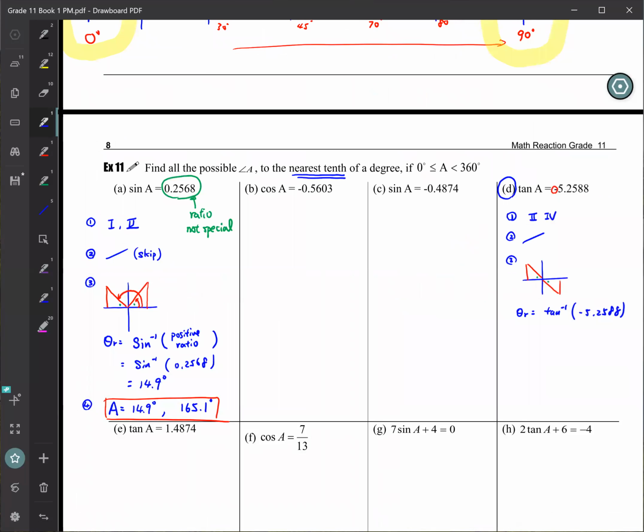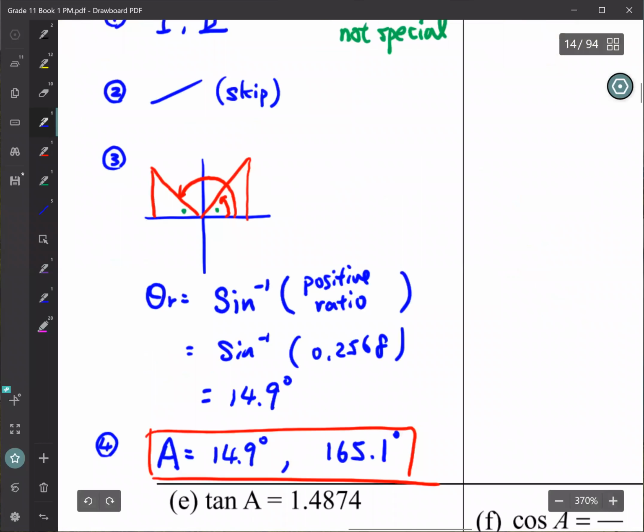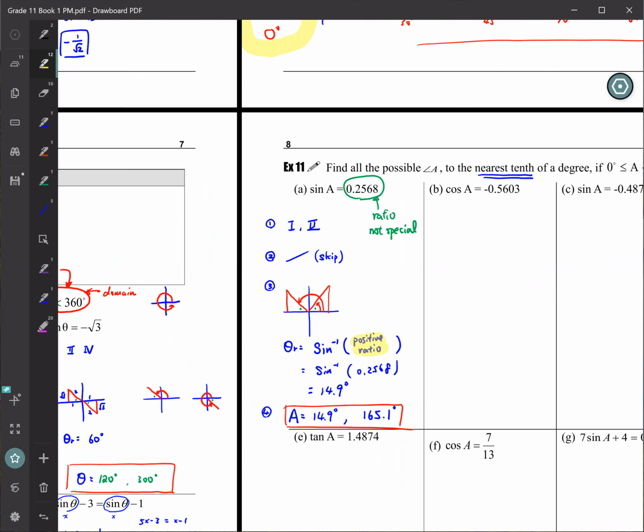Okay, now if you look at the previous question, can anybody point out what's the little mistake we have here? What did we forget? Yes, Elaine? You aren't supposed to put negative into the calculator. Yeah, so remember, whatever goes after the inverse has to be positive because that guarantees the reference angle doesn't go bigger than 90 degrees.